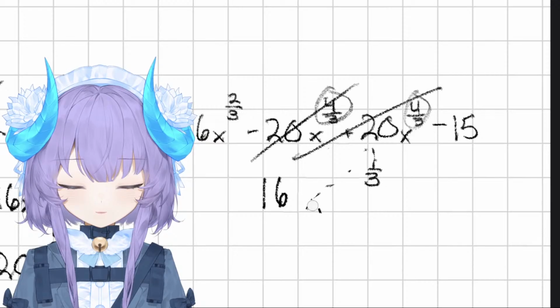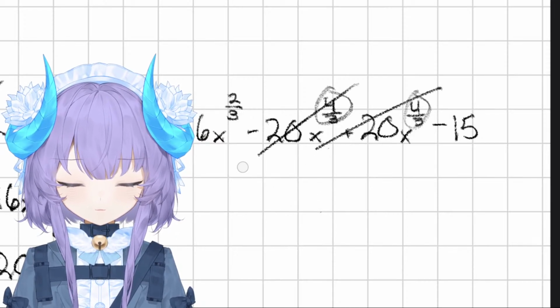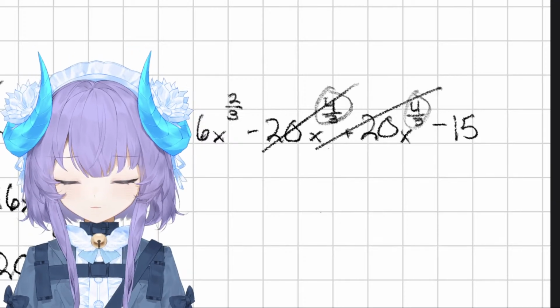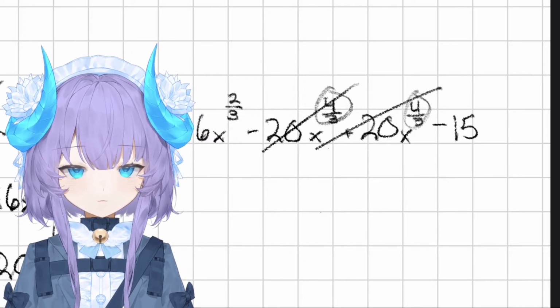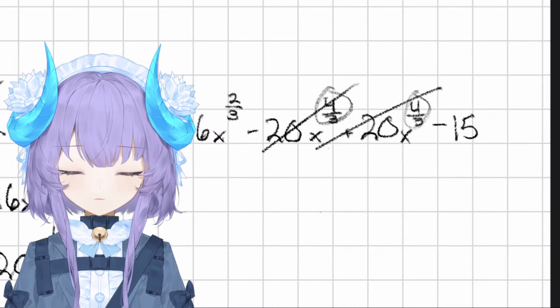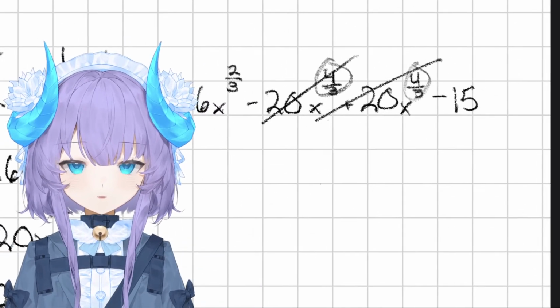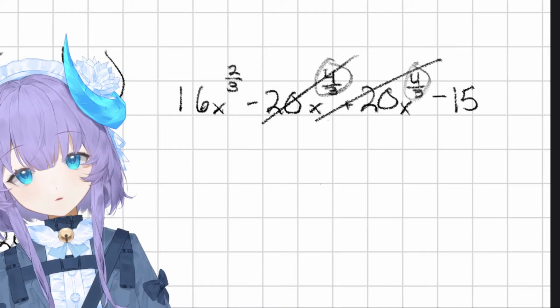Where does this x come from in their example? There's like this x. It's like 1 over 3.